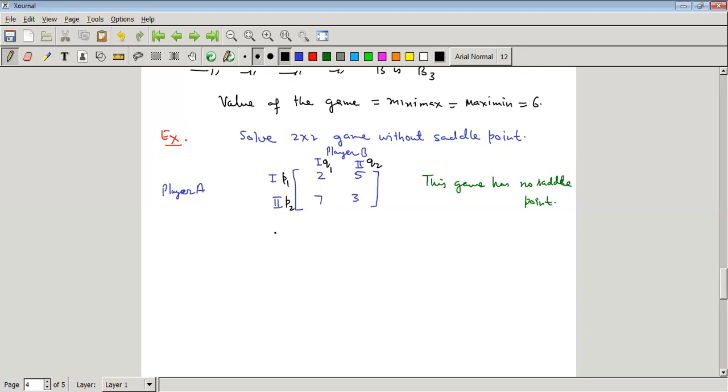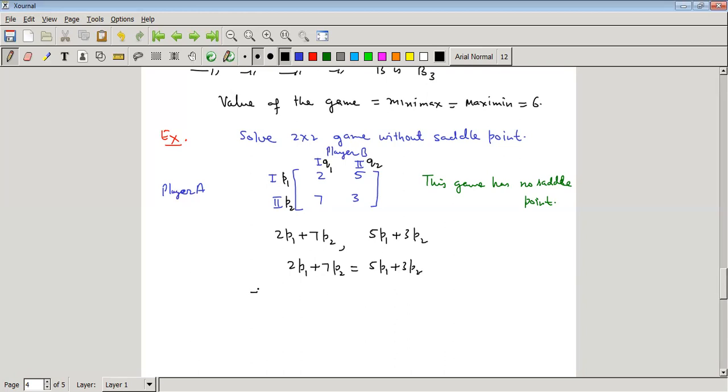If B fixes the first strategy, A's profit will be 2P1 plus 7P2. If B plays the second strategy, then A's profit is 5P1 plus 3P2. So we equate them: 2P1 plus 7P2 is equal to 5P1 plus 3P2.